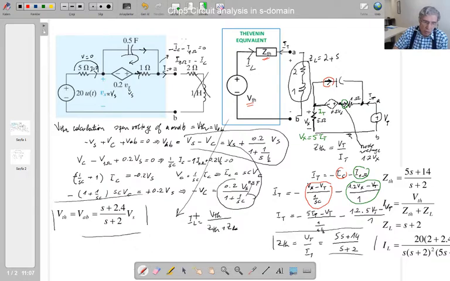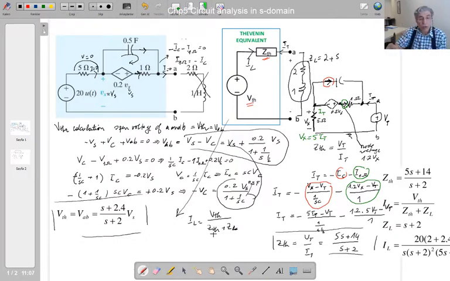So if you look at that formula here, we've got VTH, the Thevenin voltage, and ZTH, the Thevenin impedance. Any ZL impedance I put between the terminals A and B gives me that current. So we could use that formula for different load impedances, just by replacing the load impedance in here, keeping the VTH and ZTH as they are.